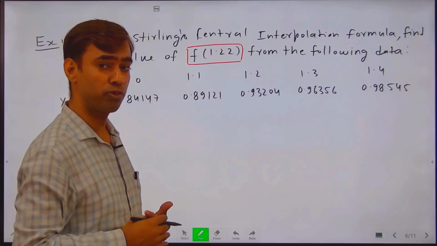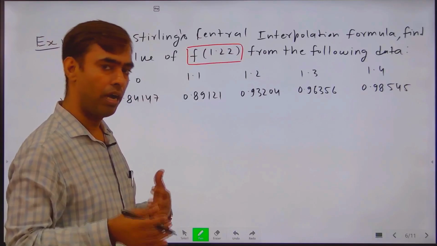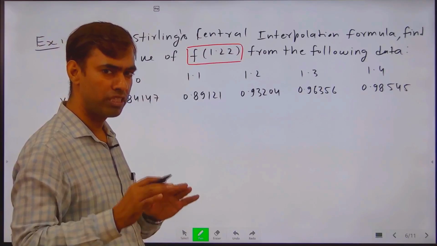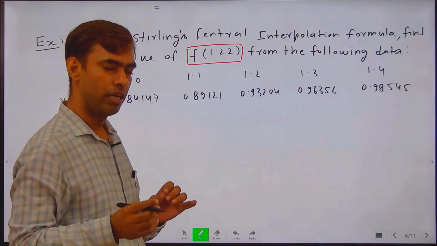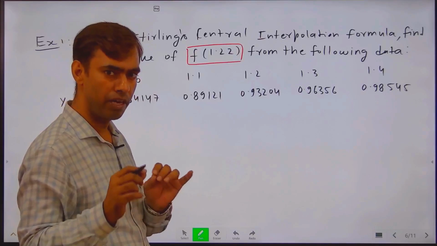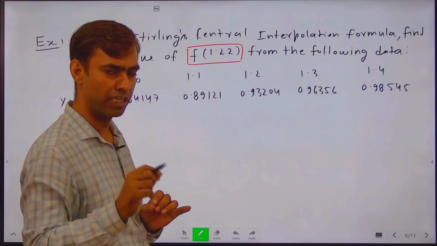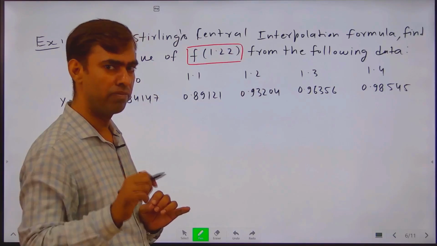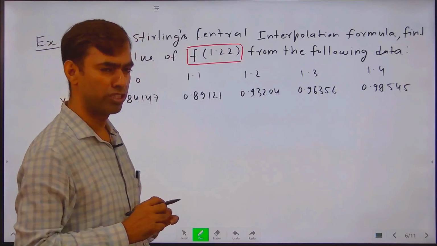With the central interpolation formula, this depends on the value of u, or you may say we choose such a value of x0 in such a way that the value of u lies in a certain range. If it is from minus 1/2 to 1/2, then we are able to apply the Stirling central interpolation formula.